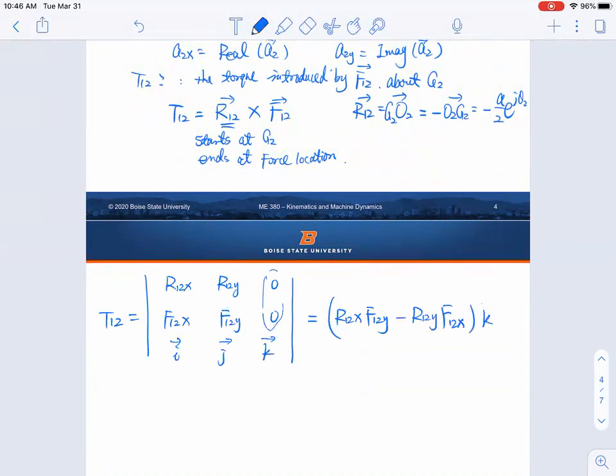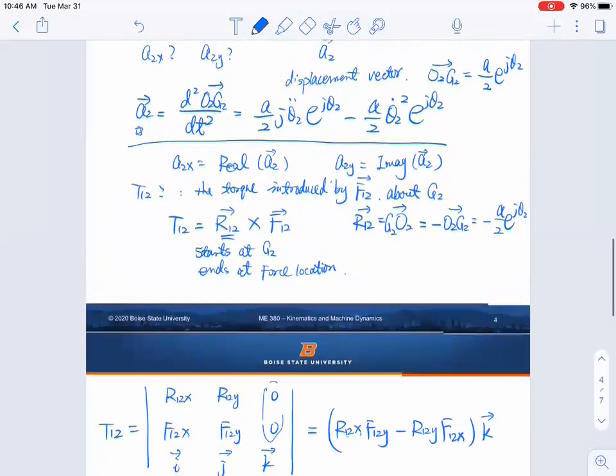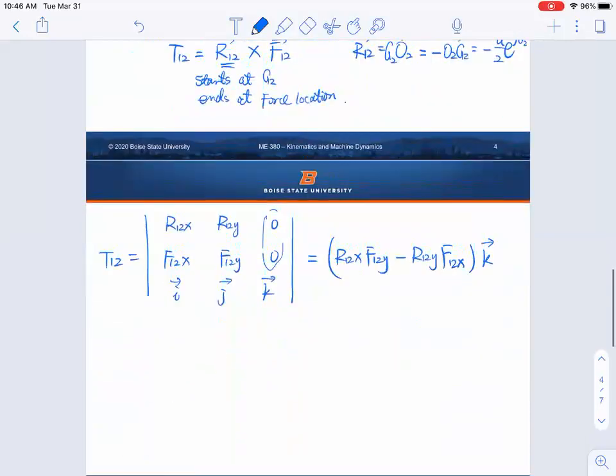There is actually a direction there, because the cross product of vectors should still be a vector. But because we already assume the torque is counterclockwise, you can eliminate this K and directly write T input plus T12.